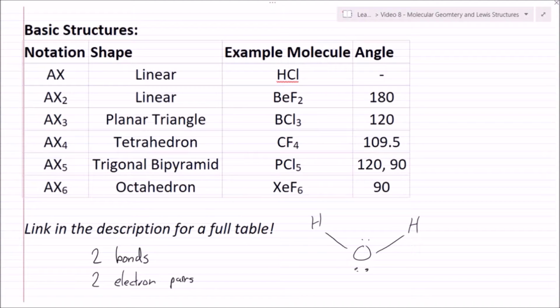So you would memorize that and think back to that table: okay, which shape has 2 bonds and 2 lone pairs? And then you would say what it is, and then you can correspondingly find the angle. So that's how you use this. Again, I've included a link in the description for the full table, and you should definitely memorize that as soon as possible.